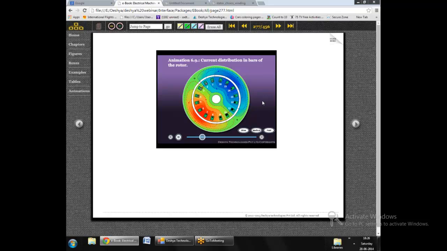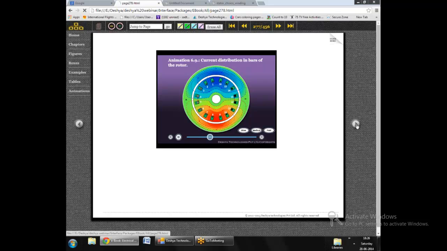Now we are playing the animation rather slowly. If you focus on bar number 1, initially the current gets larger, then it decreases in magnitude, then it changes its direction, its magnitude increases, and so on. This is how one can visualize how the currents are induced, or made to flow, in the bars of the machine.